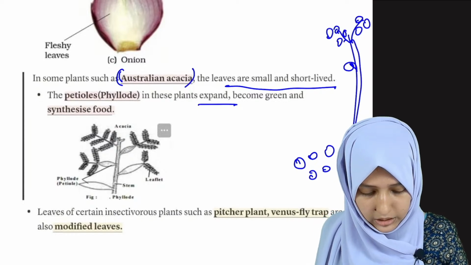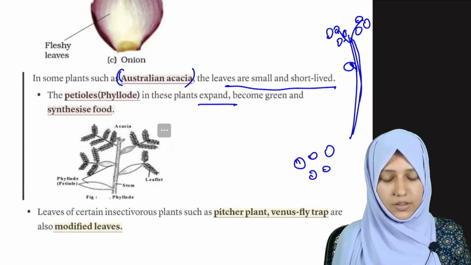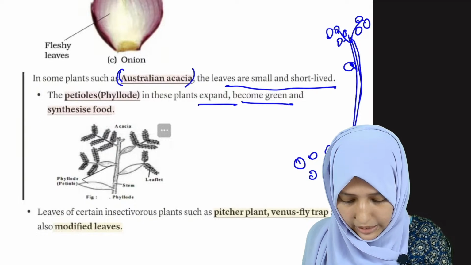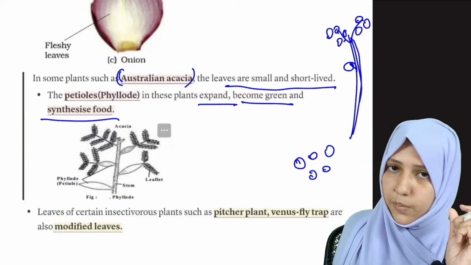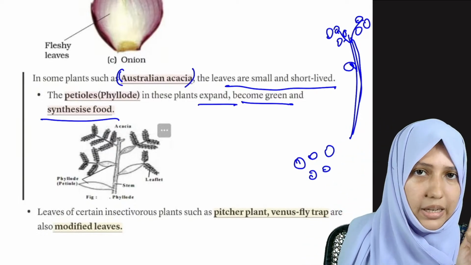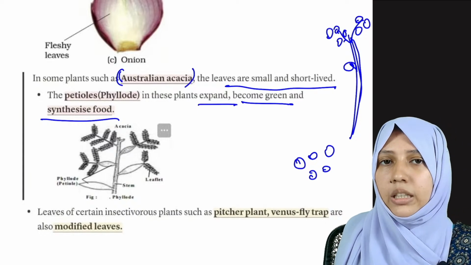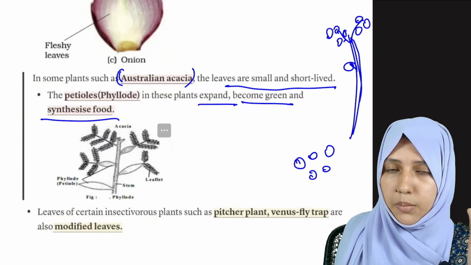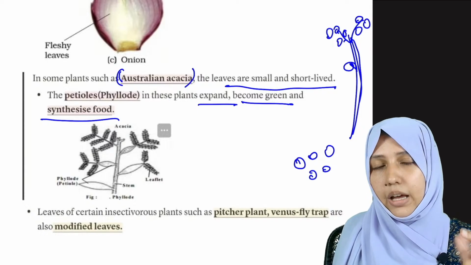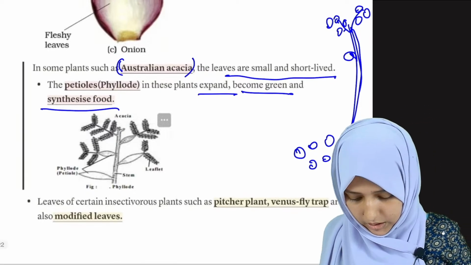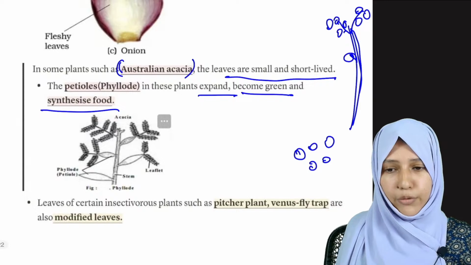The petioles in these plants will be expanded and become green, and they synthesize the food. The leaves are so small that they can't afford photosynthesis, but the petioles get swollen and perform photosynthesis. Clear?